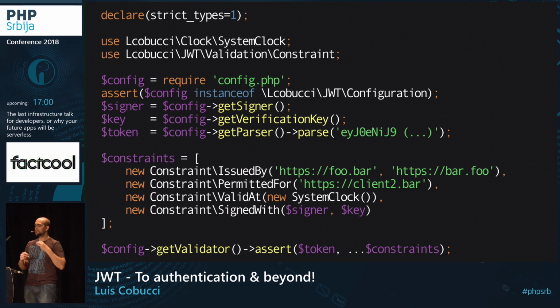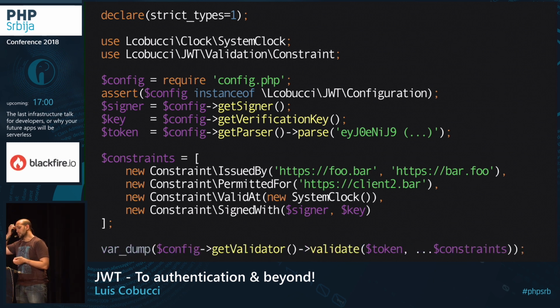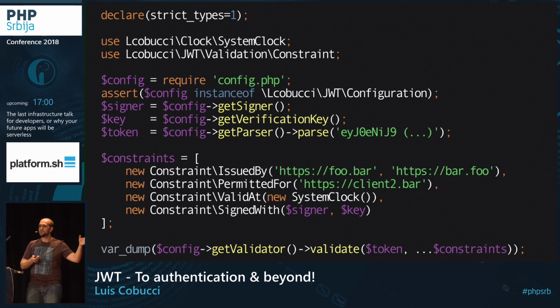So if you have 3 or 4 constraints failing, you will know the reason for the failures. If you're dealing with just validation, you will see only a Boolean result. So it will either be true or false, and if the first fails, you won't go through everything. So in terms of performance, this is optimal.